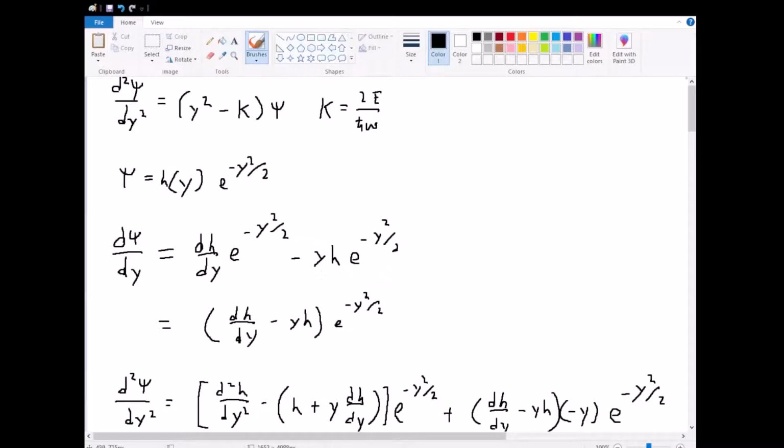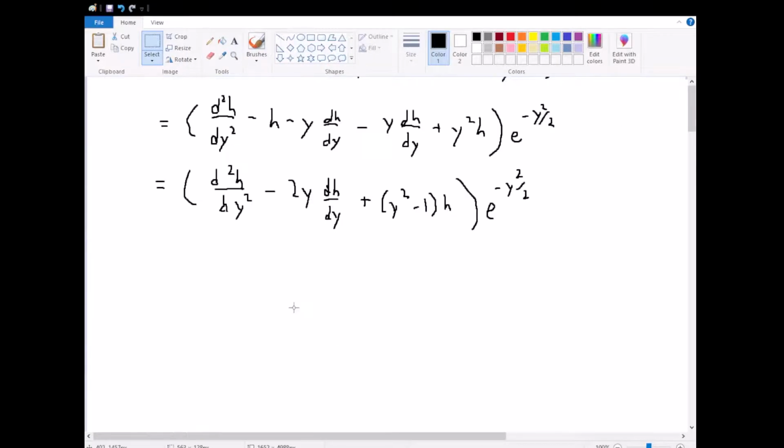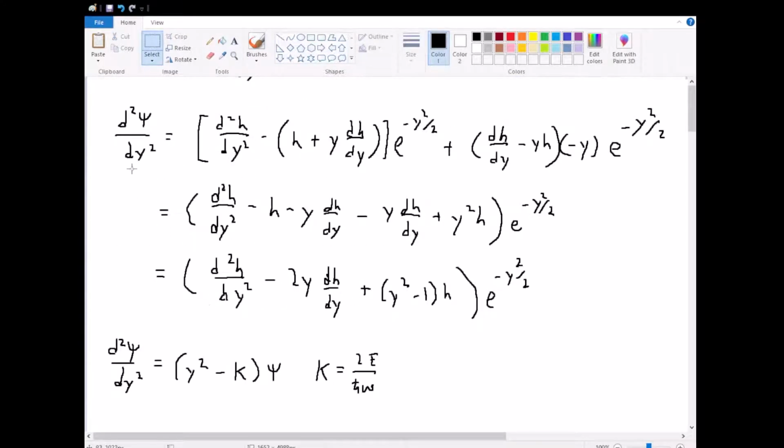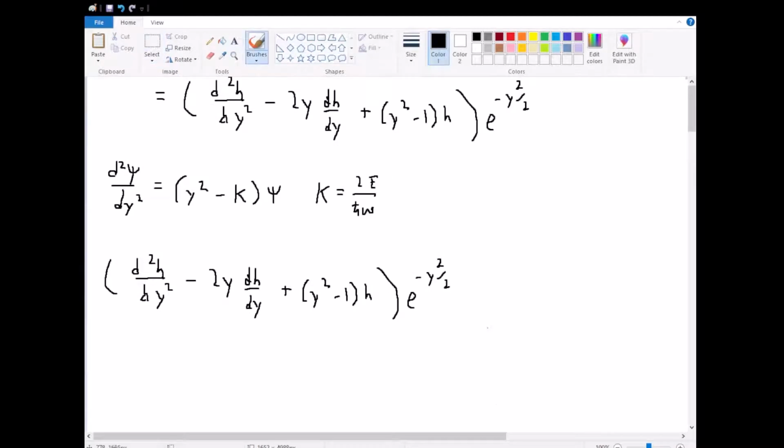And now let's actually plug these into our function here, so let's copy and paste this entire thing. So we have that d2 psi by dy squared equals this. So let's plug in d2 psi by dy squared and set that equal. What that gives us is this term is equal to y squared minus k, and then multiplied by psi, which is going to be h multiplied by e to the negative y squared over 2.